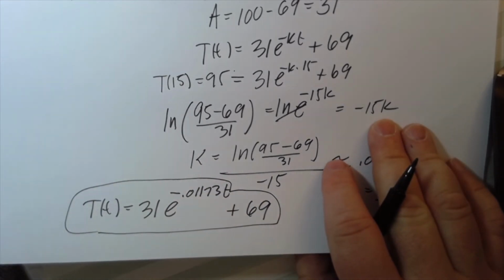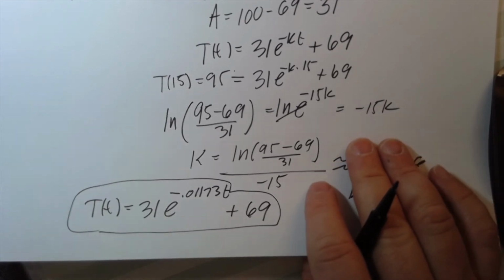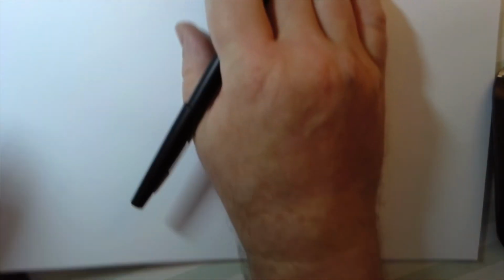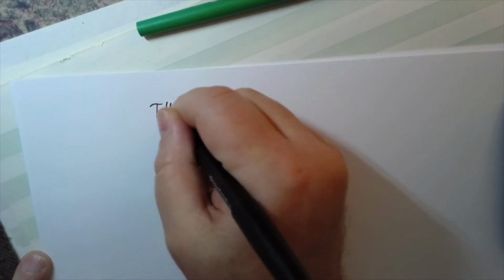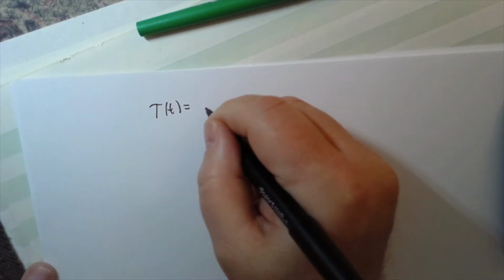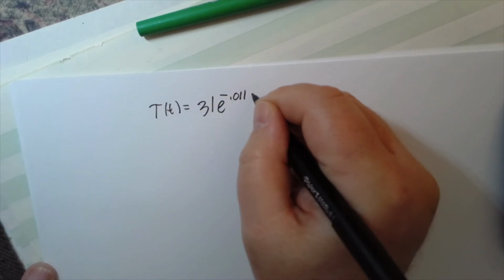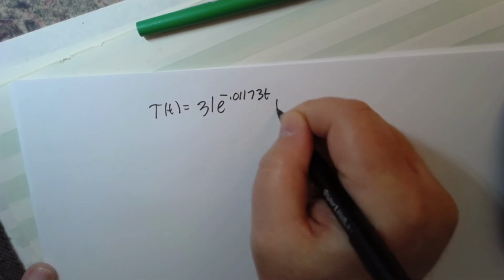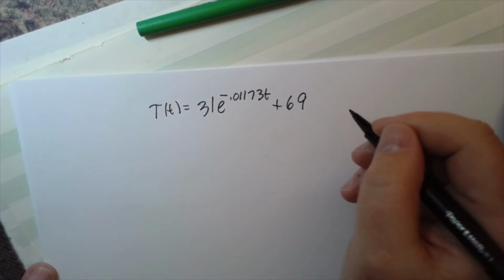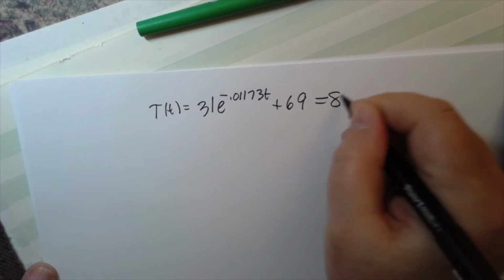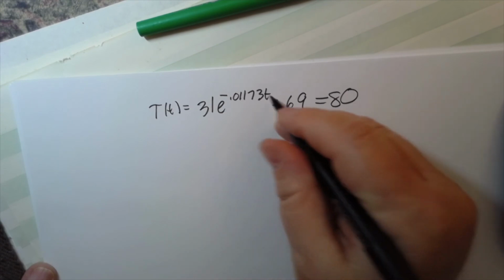Now, question 41 says to the nearest minute, how long will it take to cool to 80 degrees? So I take my formula, T is equal to 31 e to the minus 0.01173 t plus 69, and I set it equal to the 80 degrees, and I solve for t.